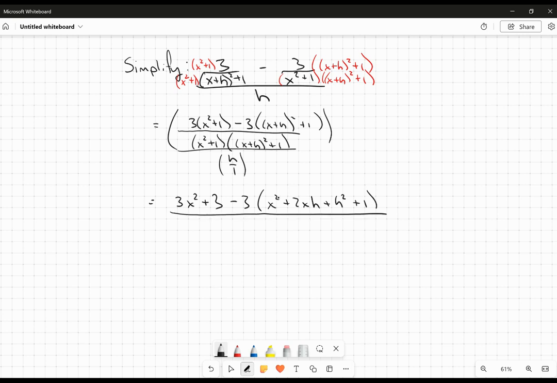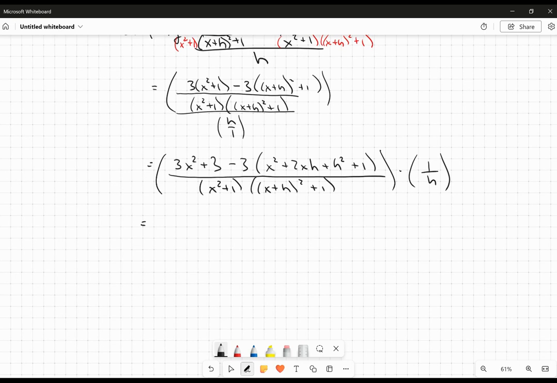This is going to be all over, and I'm not going to worry about expanding out the denominator right now. There's really nothing to be gained by that. In fact, it is often quite helpful for us to see it in factored form. And I'm going to write that overall division as a product, multiplied by 1 over h. I knew I was going to multiply by the reciprocal at some point.